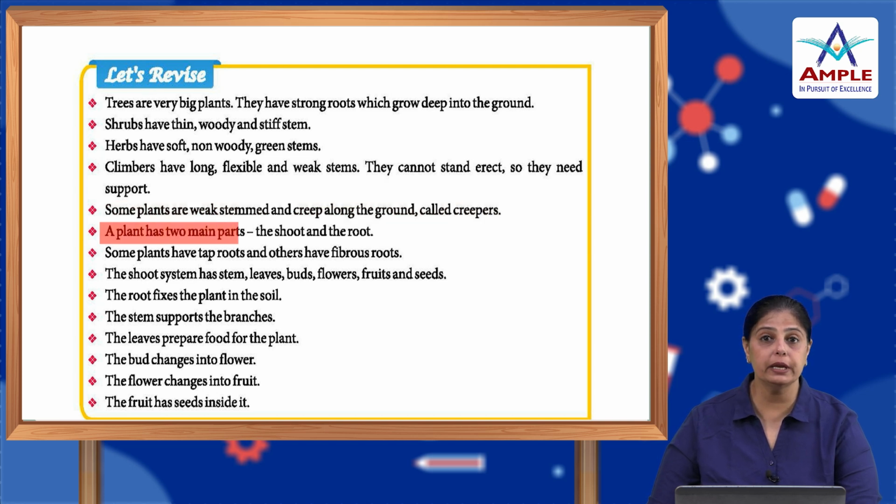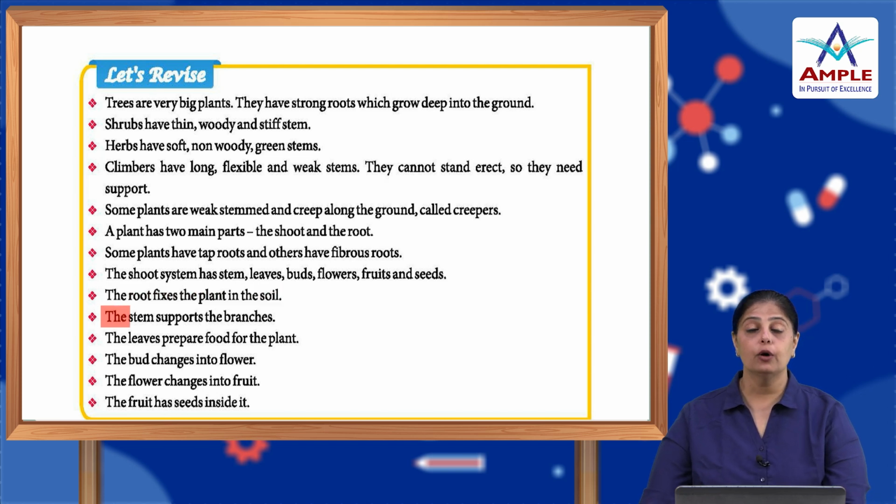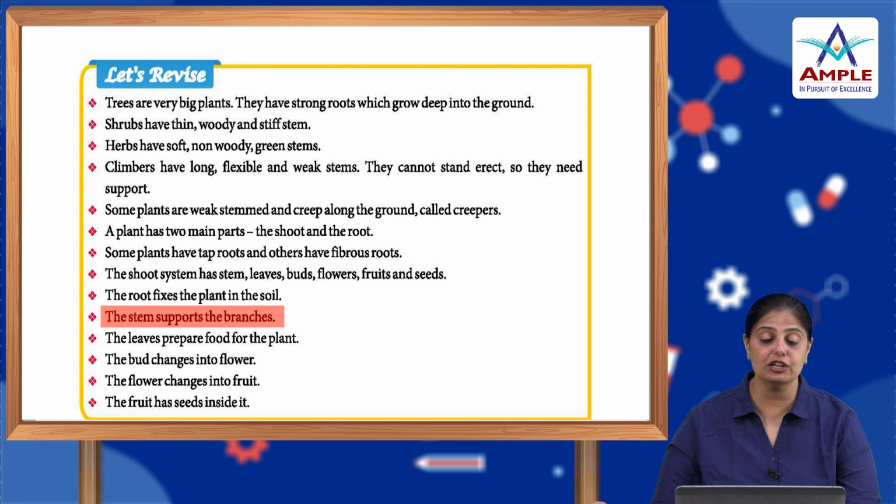A plant has two main parts, the shoot and the root. Some plants have tap roots and others have fibrous roots. The shoot system has stem, leaves, buds, flowers, fruits and seeds. The root fixes the plant in the soil. What is the stem? It supports the branches.